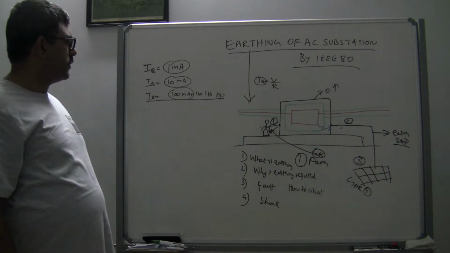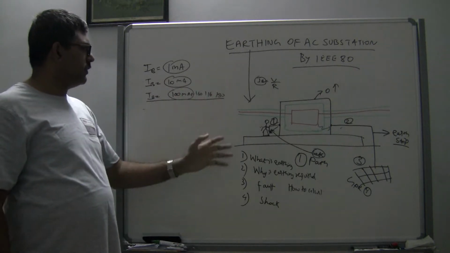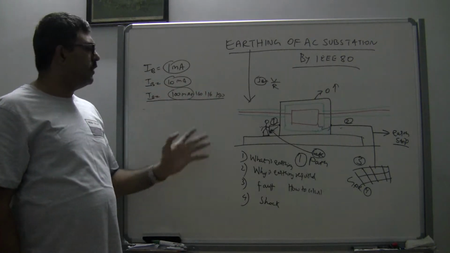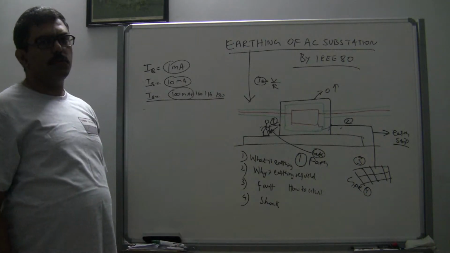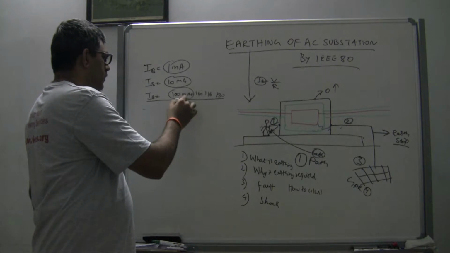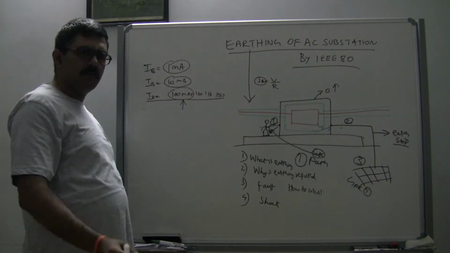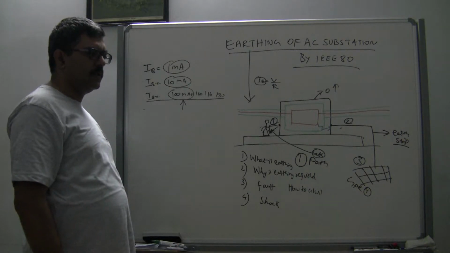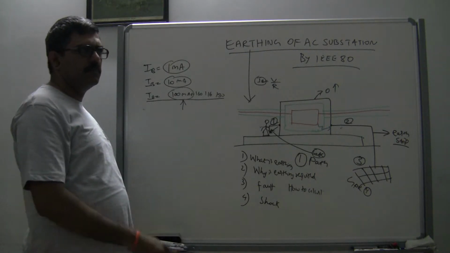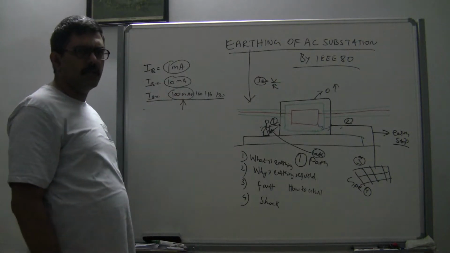So our objective is to prevent this 100 milliamps or 160 milliamps or 150 milliamps from flowing into the human body. Now how this current has come, a lot of research has been done. You can refer to the IEEE publication. Several research carried out, they have determined this current.